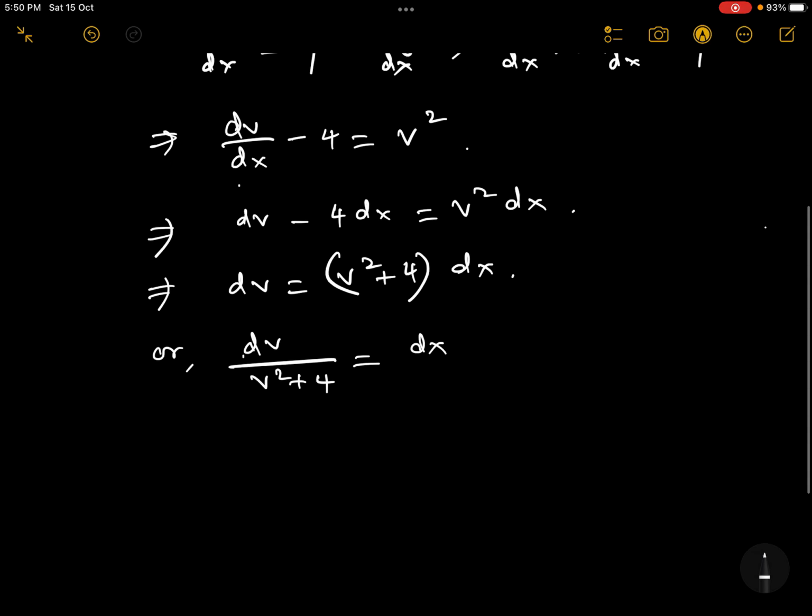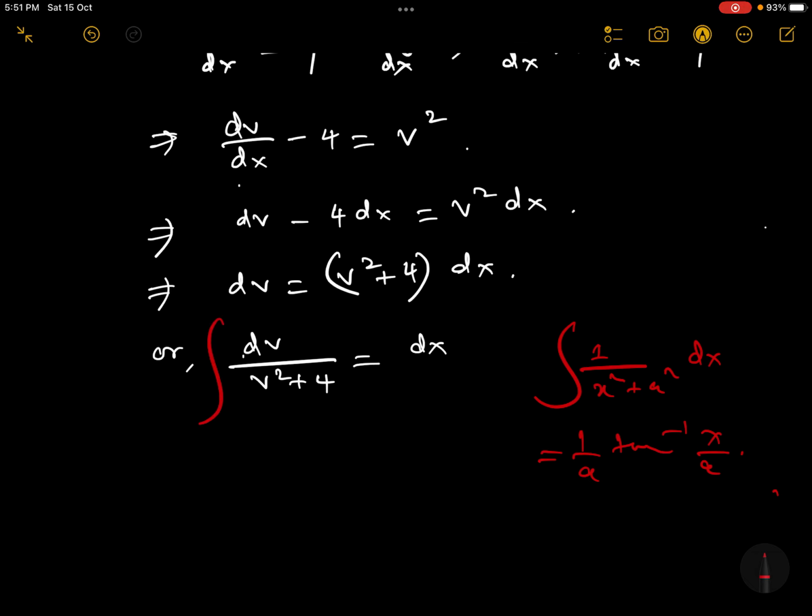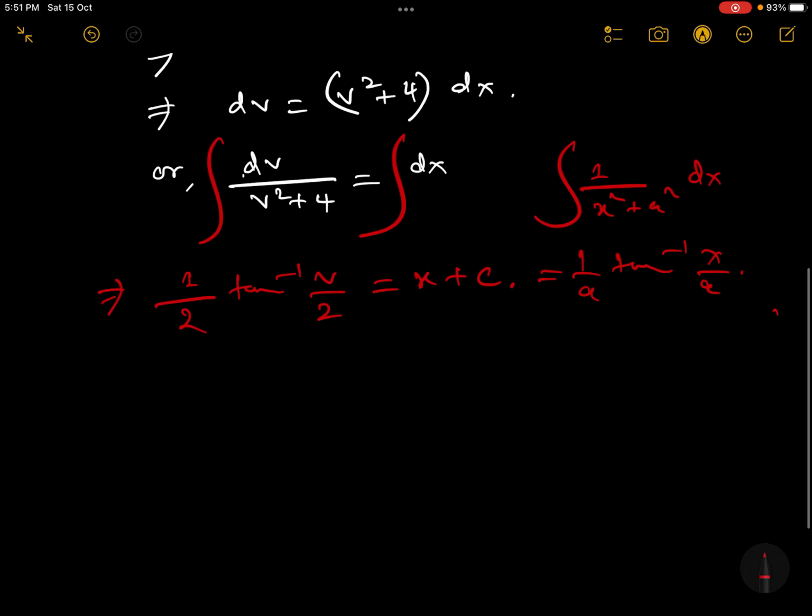Let's integrate. We know that the integration of 1 upon x square plus a square dx equals 1 by a tan inverse of x upon a. So we are going to apply this formula here. 1 by a, our a is 2, so 1 by 2 tan inverse v upon 2 equals x plus the constant of integration.